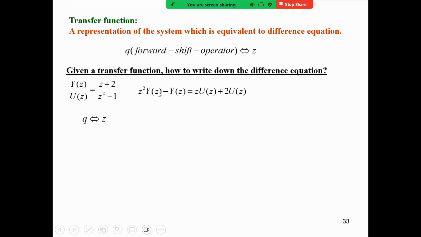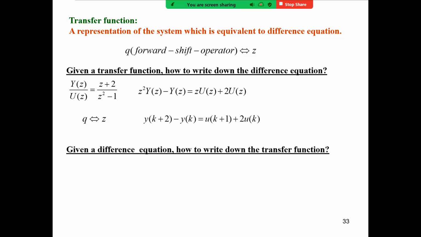Therefore, this Z squared times Y(Z), in the time domain, what is the corresponding signal? Y(k+2), right? It has to be forward shift twice, right? Y(k+2) minus this one is U(k+1) plus 2 U(k). Easy, right?